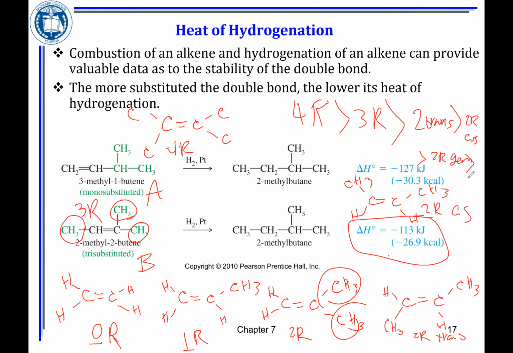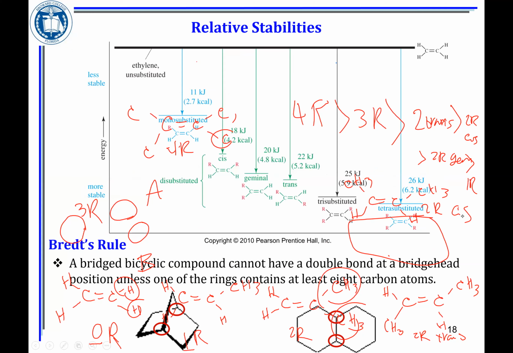So basically, the fewer hydrogens are involved, the more stable it becomes. Yes, the more substituted, the more stable. So this is called highly substituted. This is called least substituted. The more substitutions around, the more stable.